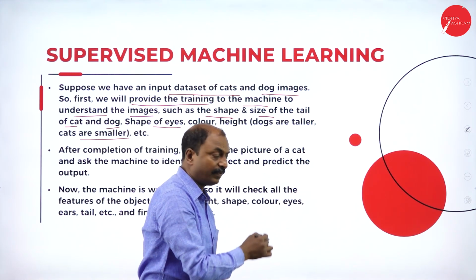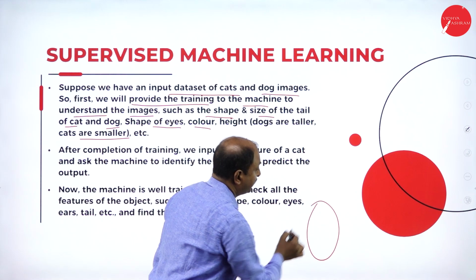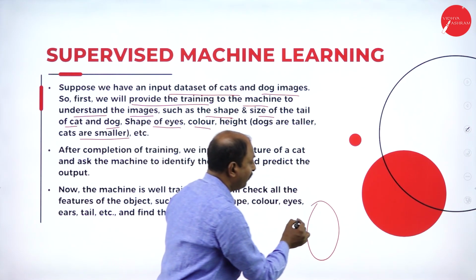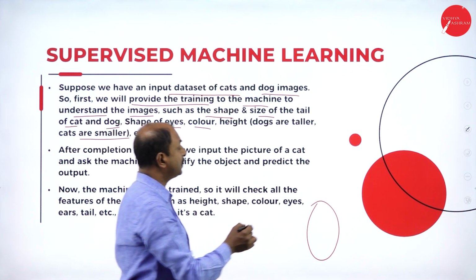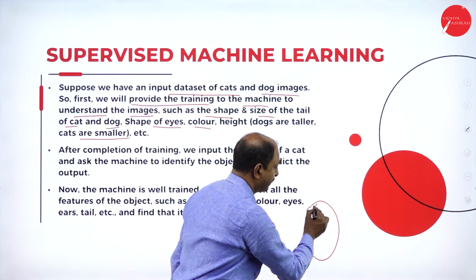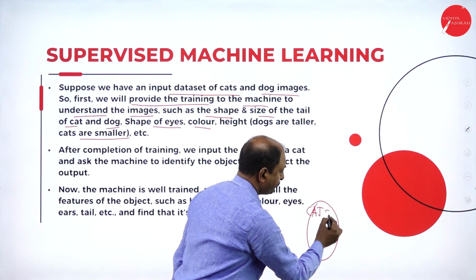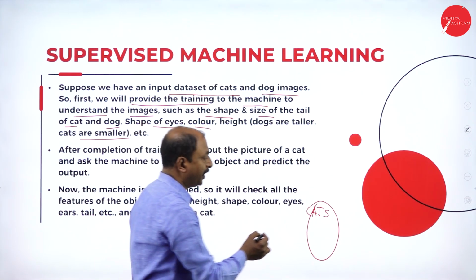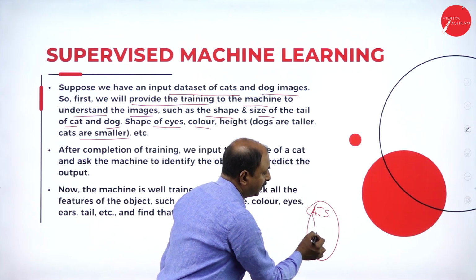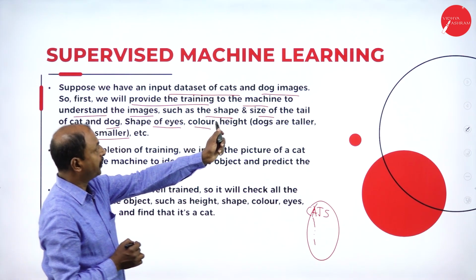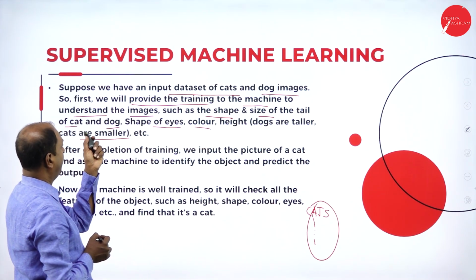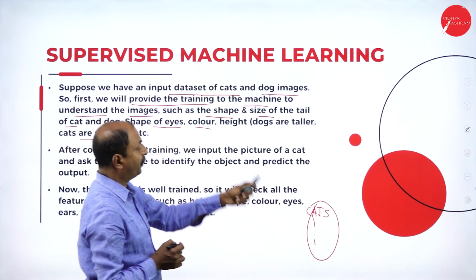As we saw in the previous slide, suppose we have a data set here. In this example, we are going to have images of, for example, cats. So here we train with all the features of cats, for example shape, size, tail, and also eyes, color, everything.